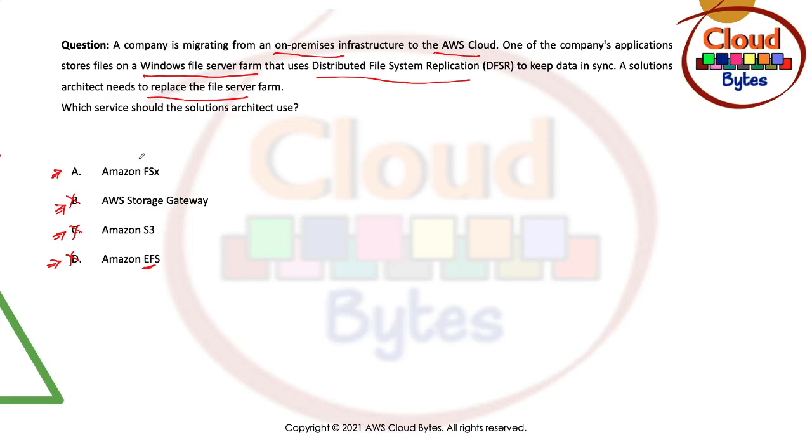FSx is built on Windows Server, and it provides a rich set of administrative features, which includes end-user file restore, user quotas, and ACLs, which are access control lists.